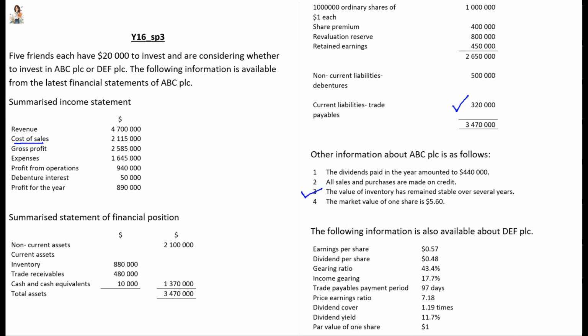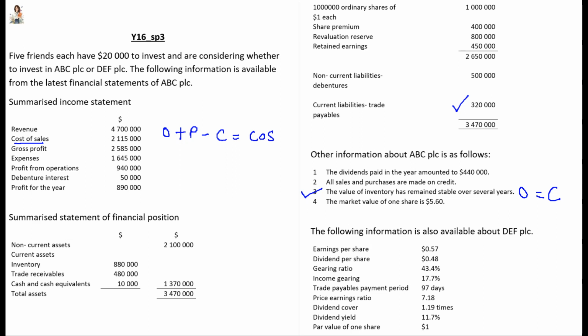Let us look at point 3 of additional information. It says that the value of inventory has remained stable over several years. That means opening inventory is equal to closing inventory. We know that the formula of cost of sales is opening inventory plus purchases less closing inventory. That gives us the cost of sales.